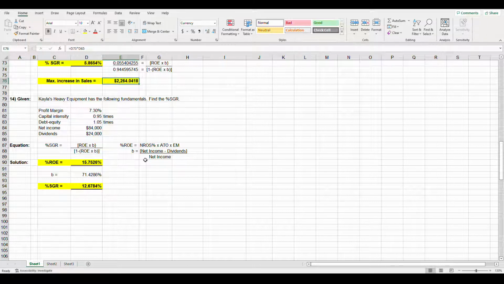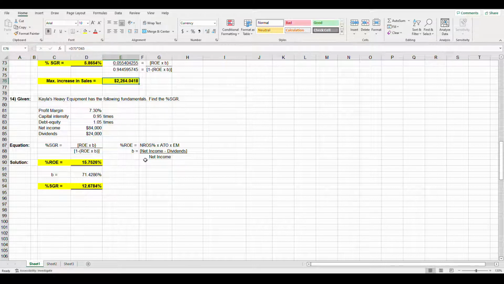And to get that retention ratio, which I'll need later, I'm going to take my net income of $84,000 minus the dividends paid, which will be $24,000, so that'll be $60,000 even divided by $84,000. That will be your retention ratio. And I'll take my ROE first. I need to calculate ROE. I have my B now.